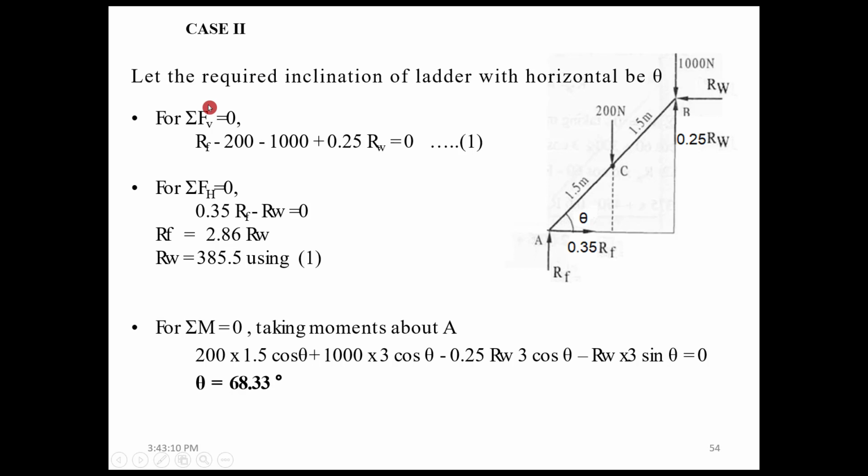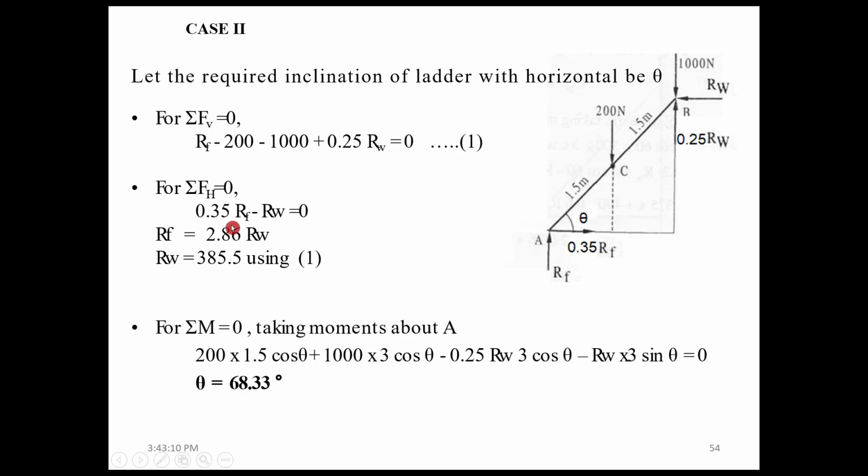So case 2, vertical force is equal to 0, sigma FV is equal to 0, Rf minus 200, Rf is here, 200 is here, minus 1000, then the frictional force is equal to 0.